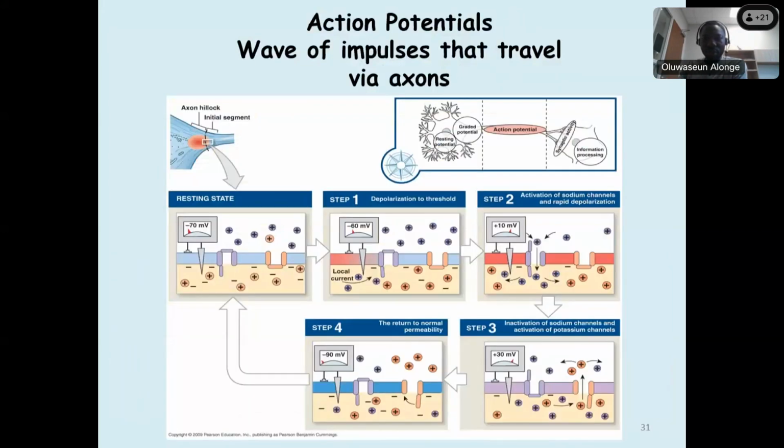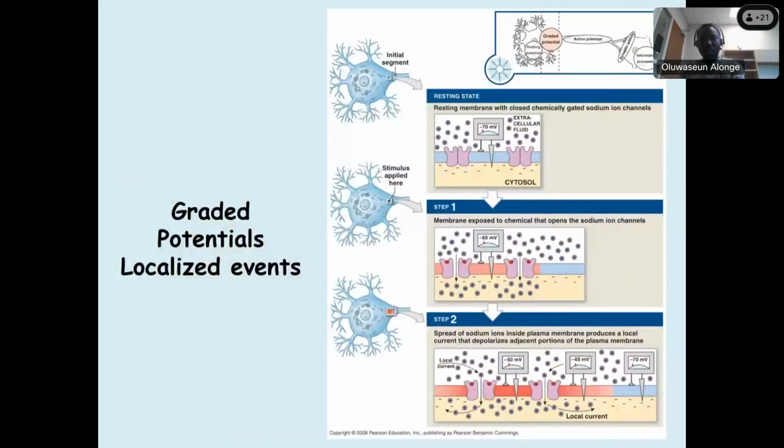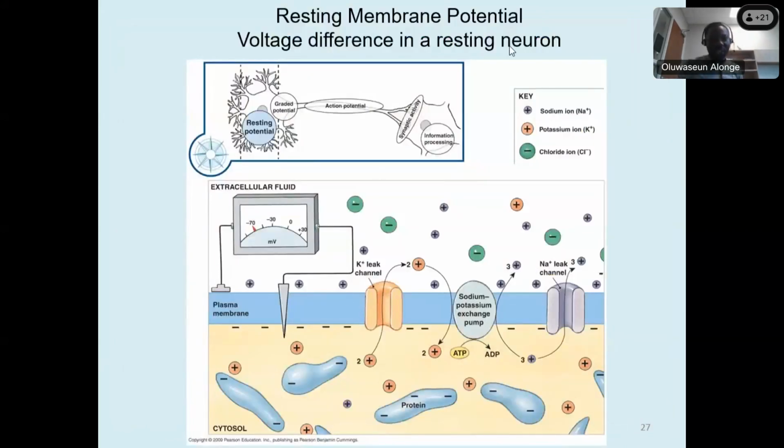Come here with me now. I said when a membrane is at rest, it is polarized. Resting membrane potential is polarized. And polarization means more negative inside than outside. So it's more negative inside, more positive outside. Now, when we want to depolarize this membrane, what are we going to do?